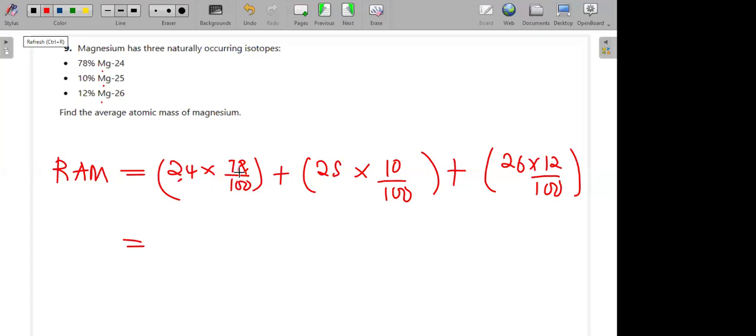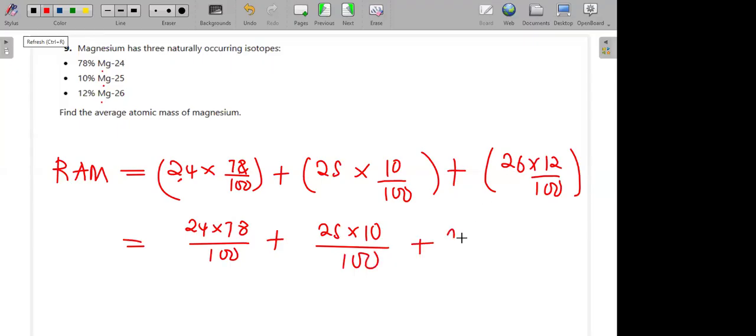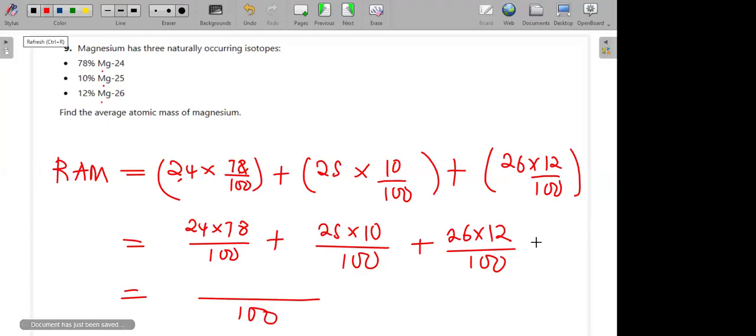All these are divided by 100, meaning 100 is the common denominator, so I can simply add whatever is on top.